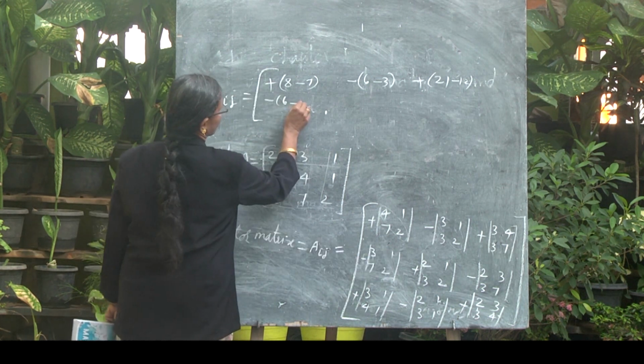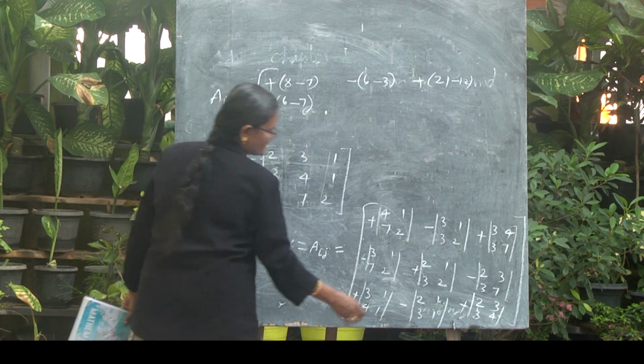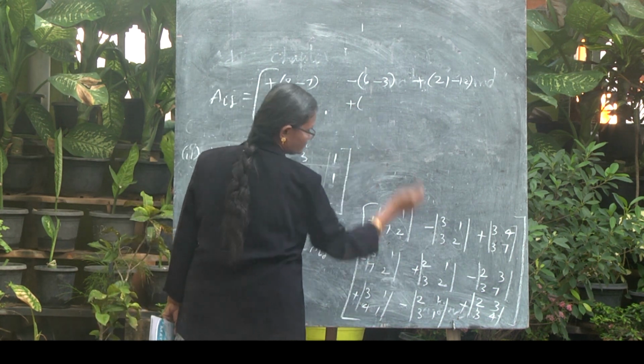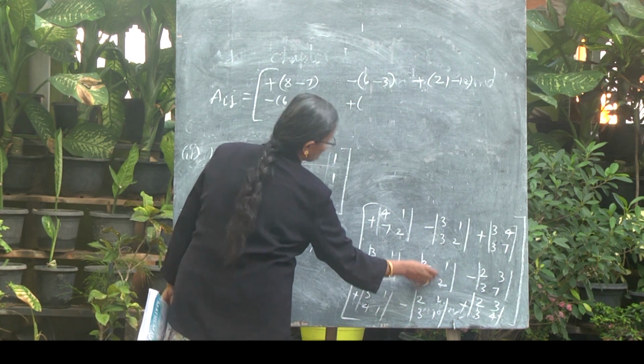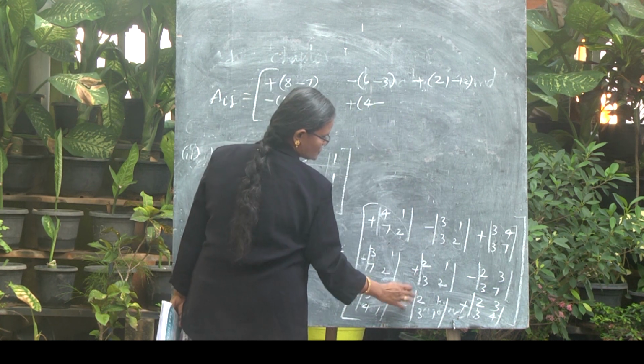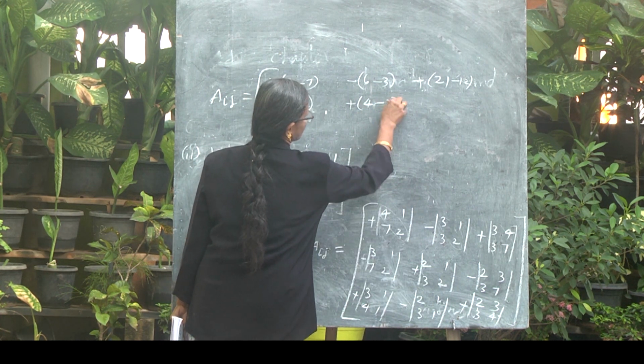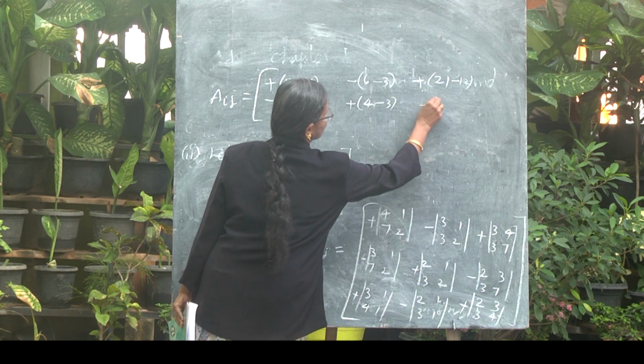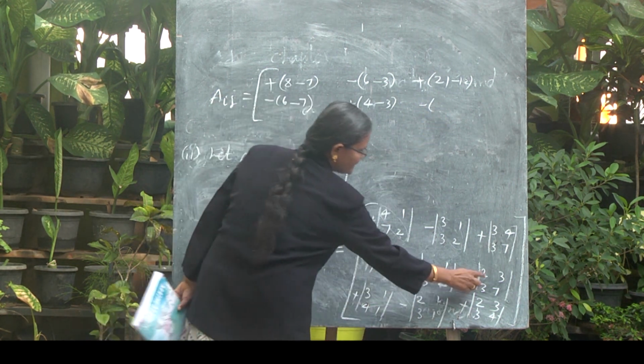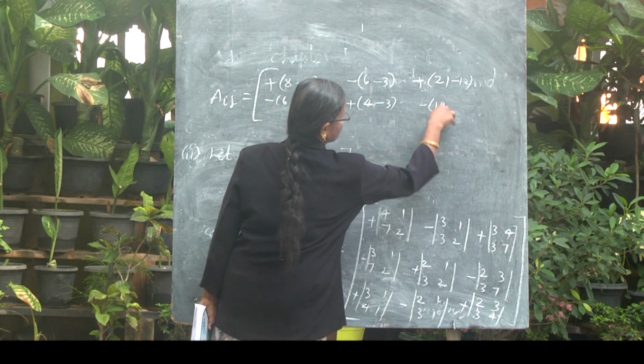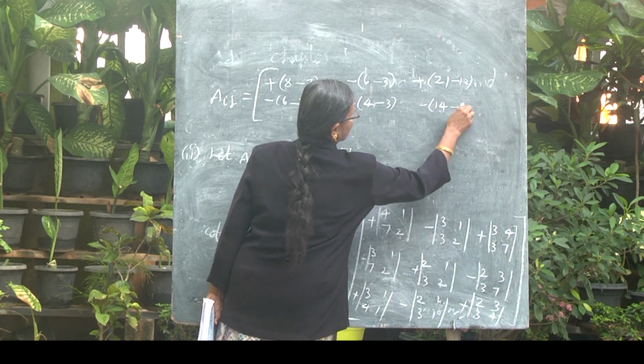In the second row, minus of the product of the leading diagonal elements, 3 twos are 6, then minus 1 into 7, 7, minus 7. Next one, plus of the product of the leading diagonal elements, 2 into 2, 4, then minus 1 into 3, 3. Next one, minus of 14 minus 9.